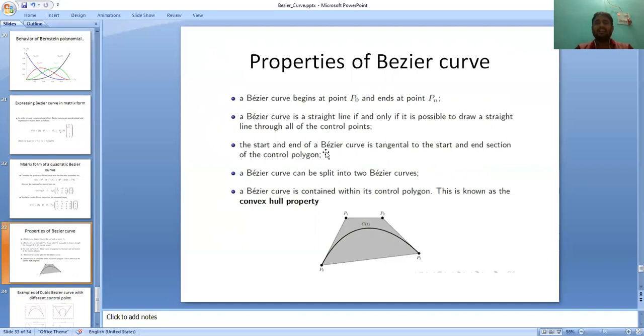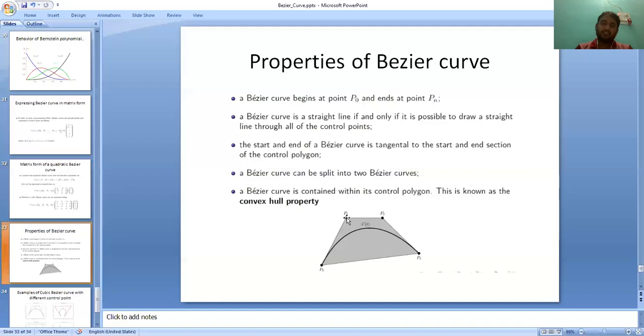The start and end of the Bezier curve is tangential to the start and end sections of the control polygon. For example, you can see here that this curve is tangent to this line, that is P0 and P1, and again P2 and P3, this curve is also tangent there. So the curve will always be tangent to the start and end sections of the control polygon.